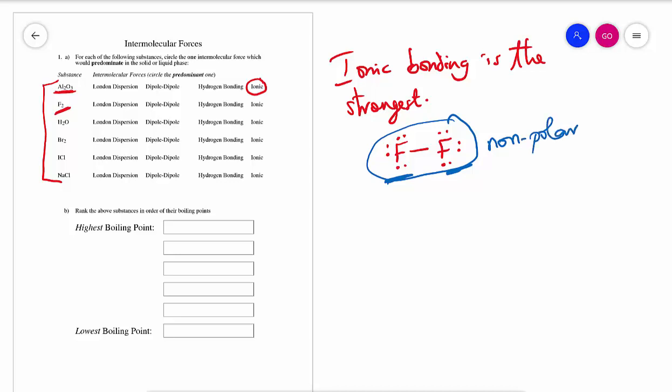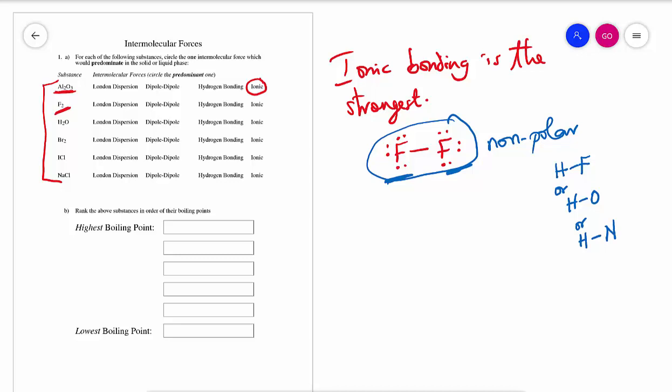As a result, there is no dipole-dipole. Does it have hydrogen bonding? No. For hydrogen bonding to be present, you need to have hydrogen bonded to fluorine or hydrogen bonded to oxygen or hydrogen bonded to nitrogen.